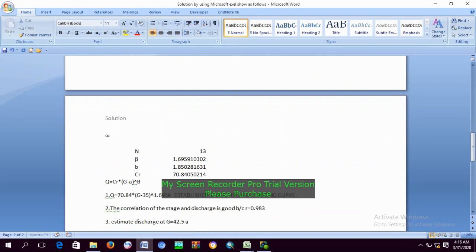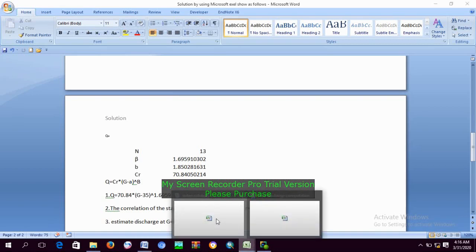At these points we can determine the discharge by using this relationship.